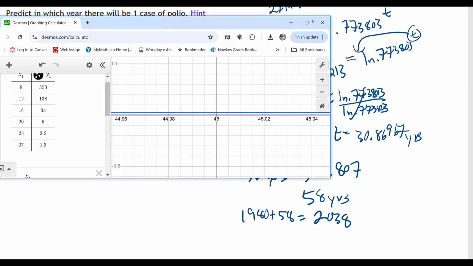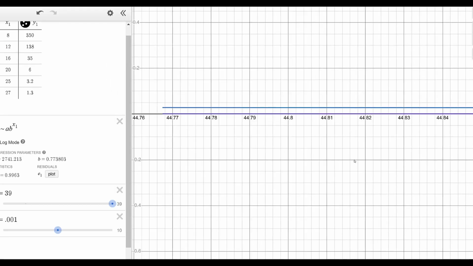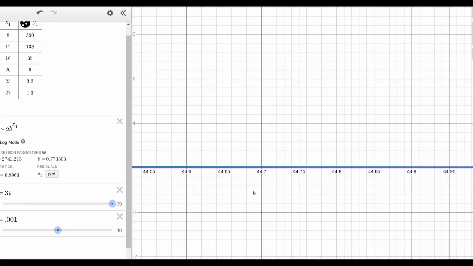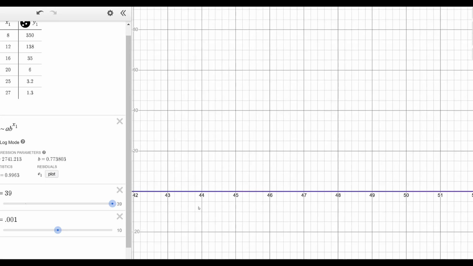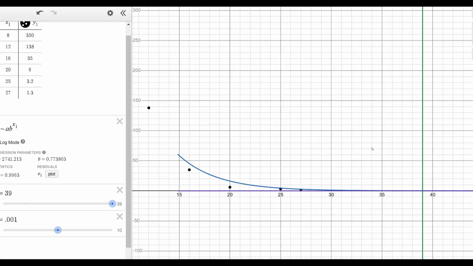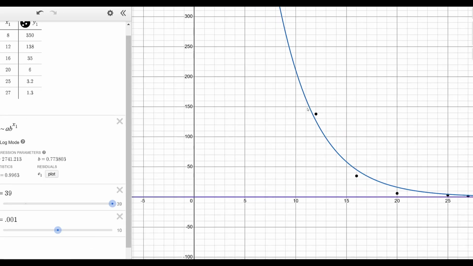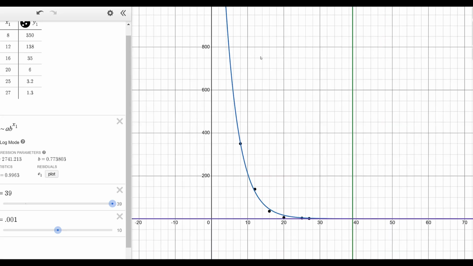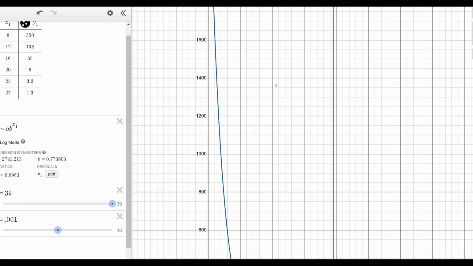So come back here. And I'm definitely going to have to drag this way back. I can zoom way out. There we go. And so I said, well, let's find out when we're going to have a population of 1370.